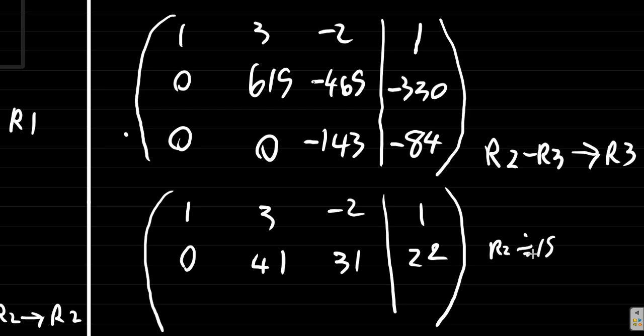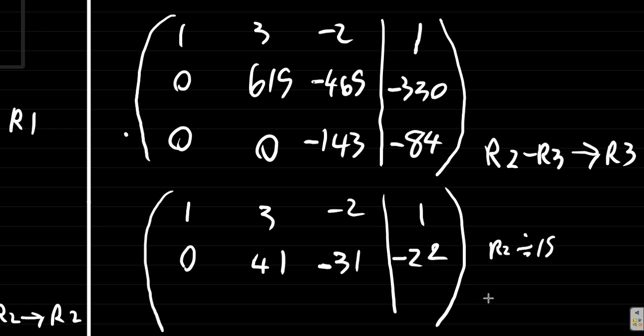Negative 465 over 15 gives us a negative 31. This should be negative. And then when we say negative 330 over 15, we get a negative 22. Alright, so that there should be negative as well.